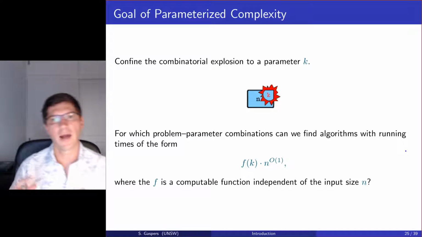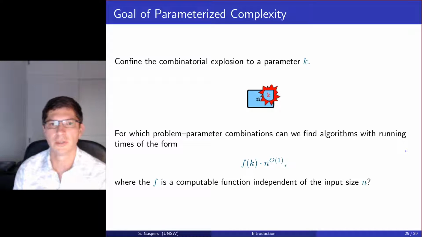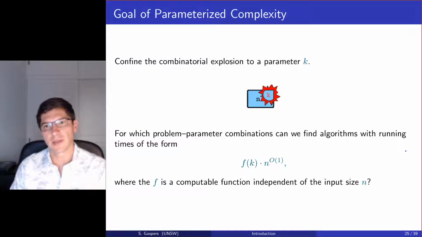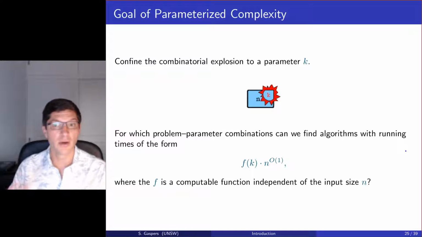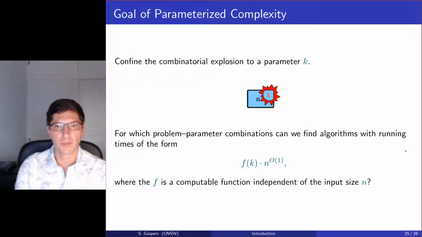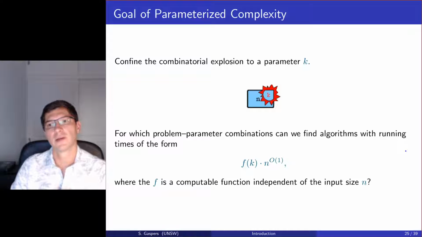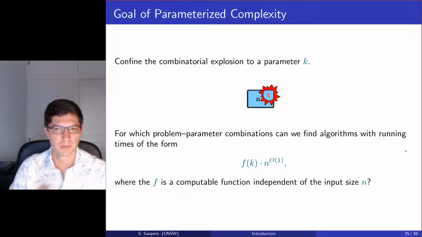We want to confine the combinatorial explosion of the running time to the parameter k. So this exponential part of the running time should only depend on the parameter k. And then we can ask questions like, for which problem parameter combinations can we find algorithms with running times of the form some function of k, so some f of k, times a polynomial in the instance size.